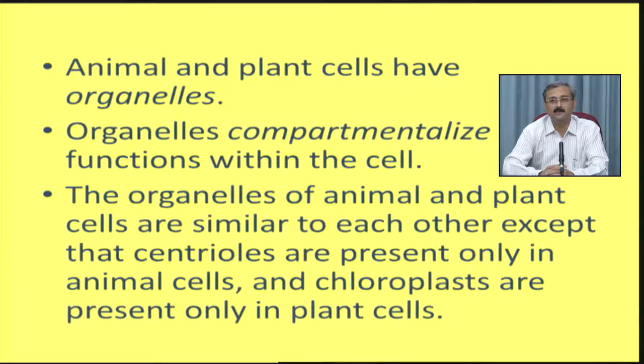It was just like beehives, he saw the cork compartmentalization in the microscope. So the organelles of the animal as well as the plant cells are quite similar to each other, except for the centrioles that are present in the animal cell and the chloroplasts which are present only in the plant cells.